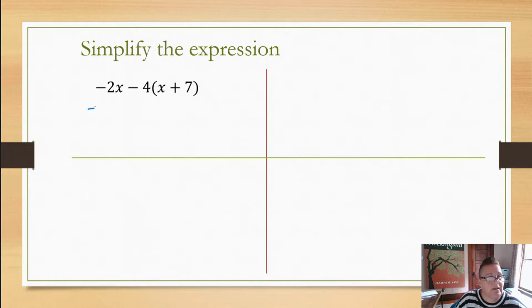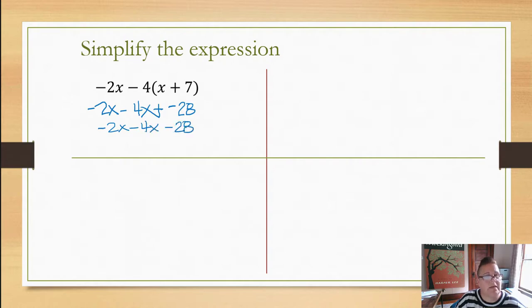So this is going to give me a negative 2x. I'm going to distribute the negative 4. I'm going to take the negative in front of it. So I'm going to have a negative 4x minus 4 times 7, or I'm going to have plus. Negative 4 times 7 is a negative 28. So this gives me a negative 2x minus 4x minus 28.